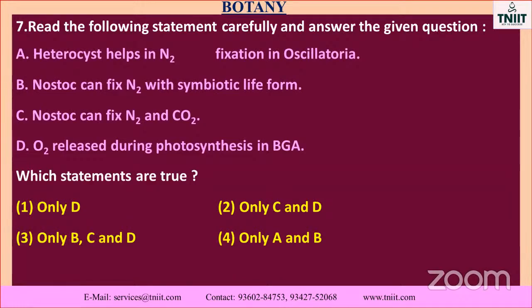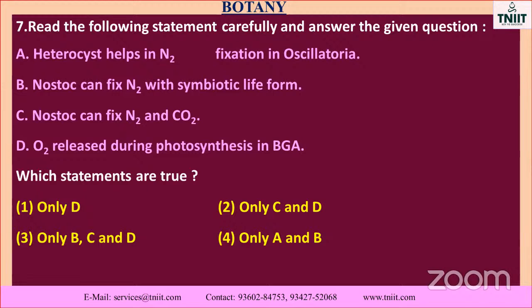Read the following statements carefully and answer the given questions. Heterocysts help in nitrogen fixation. Heterocyst, where is that? Nostoc. Oscillatoria is given, so it will not come. Nostoc can fix N2 with symbiotic life forms. Yes.